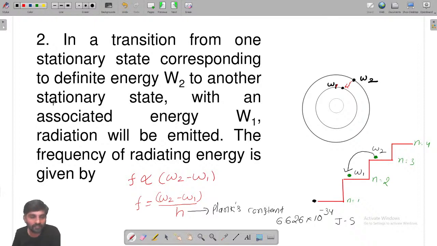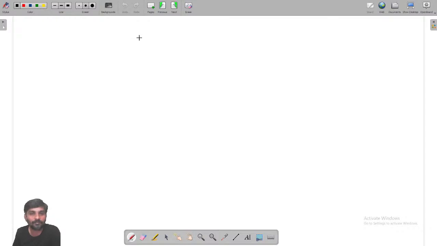This is the radiating frequency F. Then what is the radiating energy? Simple, sir. Cross multiply it. So you will get W2 minus W1, that is, the difference of energy is nothing but F into H. Yes or no? F into H is nothing but the energy.